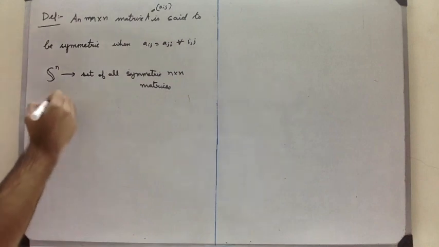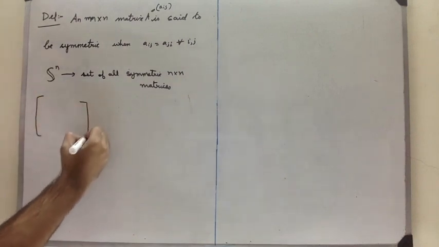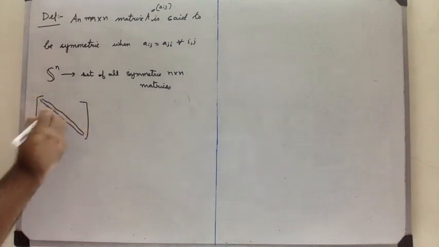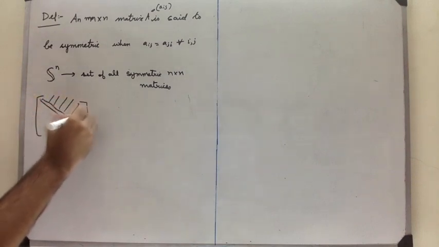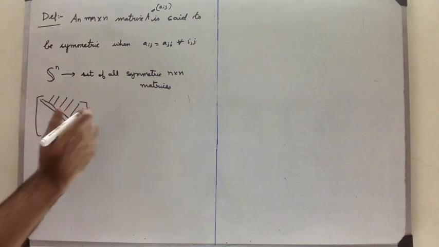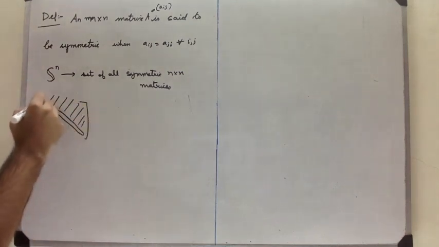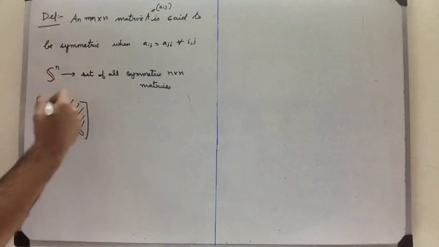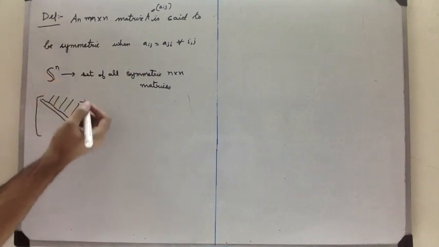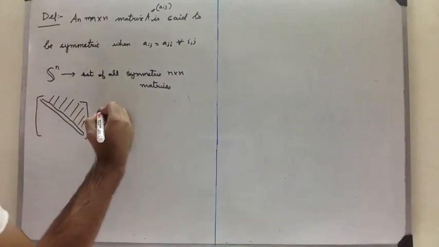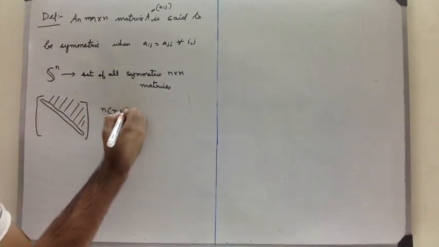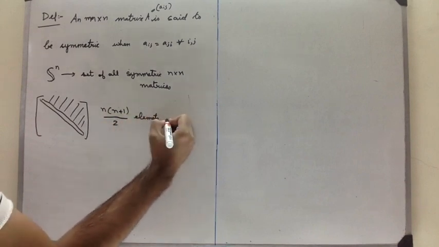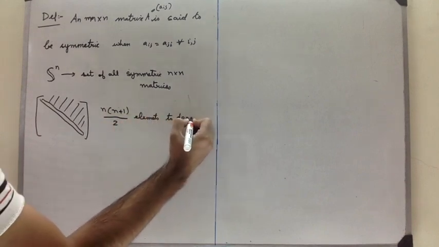So if you notice, to describe a symmetric matrix, we need to describe only what happens on the diagonal and on the upper triangular part. So the strictly lower triangular part is completely determined by its symmetric counterpart. So we essentially need only n into n plus 1 by 2 elements to describe a symmetric matrix.